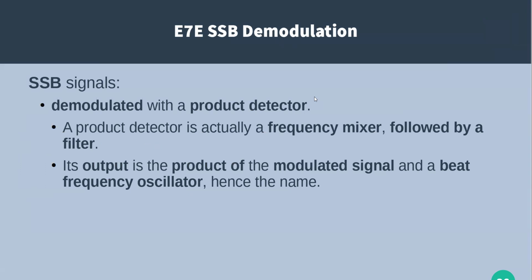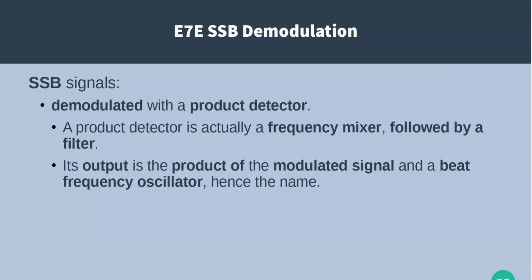Single sideband is different, which doesn't really have the envelope because it doesn't have a modulated carrier. All we have is baseband shifted in frequency. So we have to use what's called a product detector. It's essentially a mixer and a filter where we're, again, mixing or doing the product of two signals.